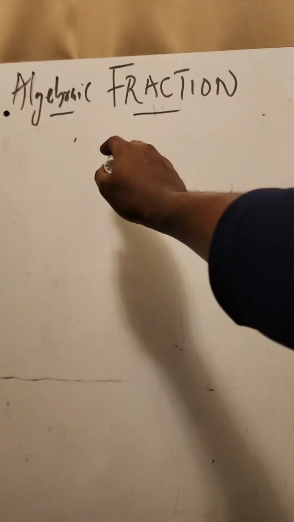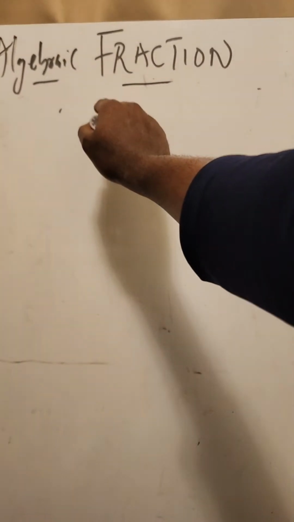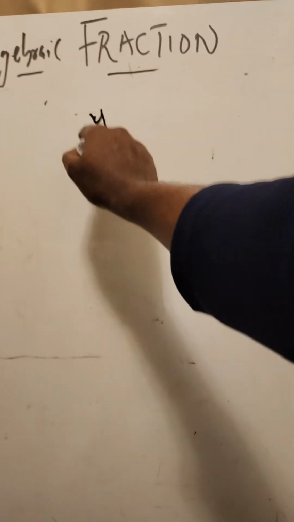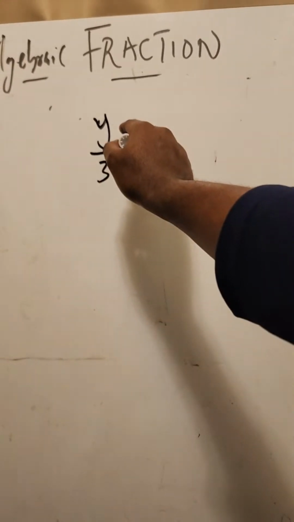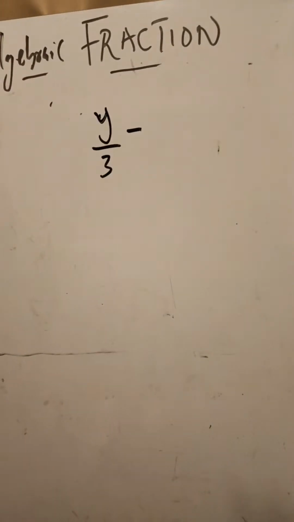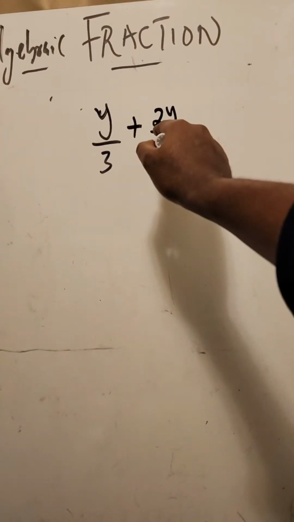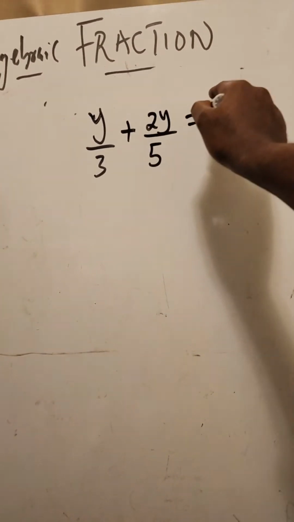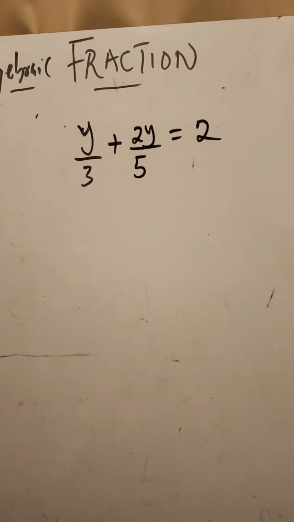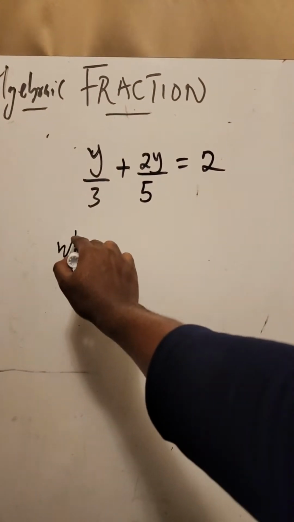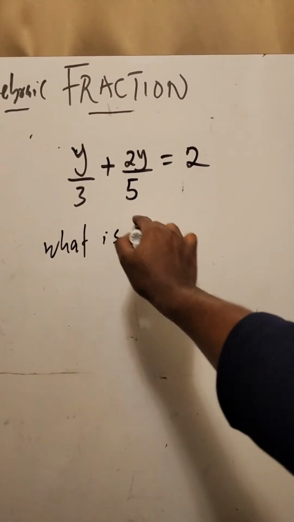And the question is, y/3 plus 2y/5 equals to 2. What is y?